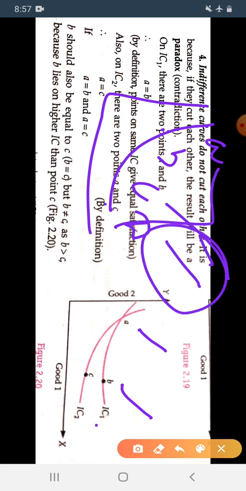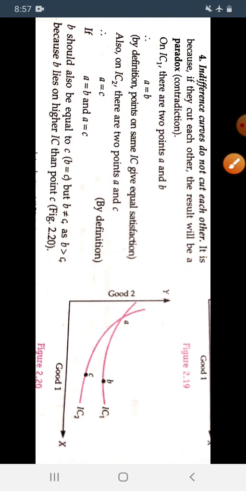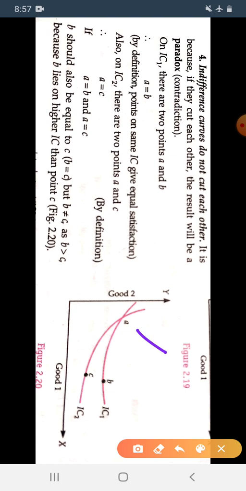The point A and the point B always give equal satisfaction to the consumer. So there are 2 points, A and B, so that A equals B. Points on the same IC give equal satisfaction.